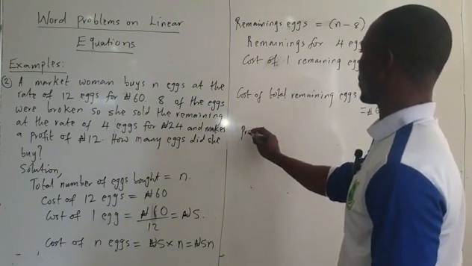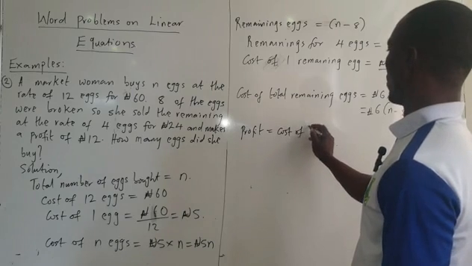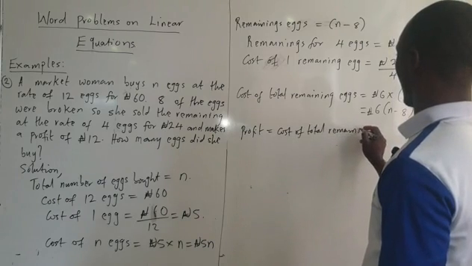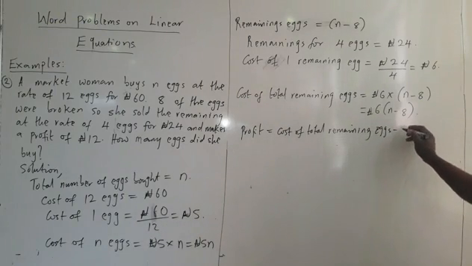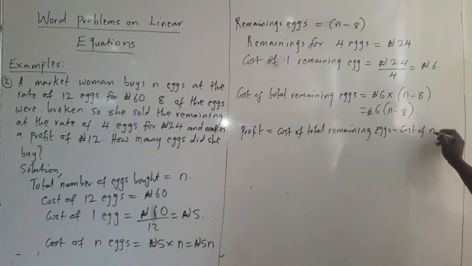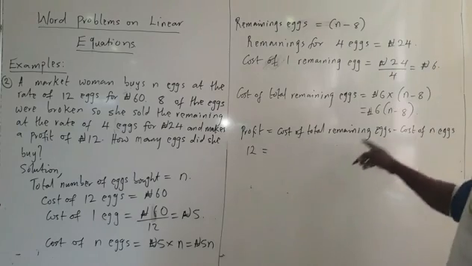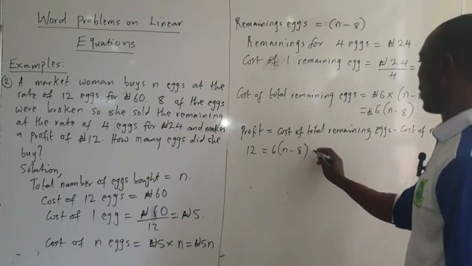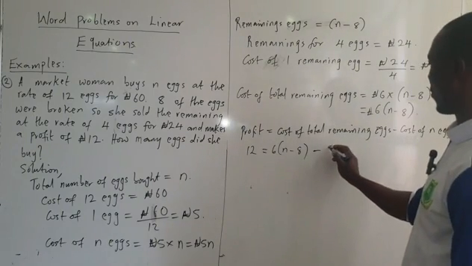So the profit will be equal to the cost of total remaining eggs minus the cost of n eggs. What is the profit given? That is 12 naira equals the cost of total remaining eggs, that's 6 into n minus 8, minus the cost of n eggs, that is 5n.